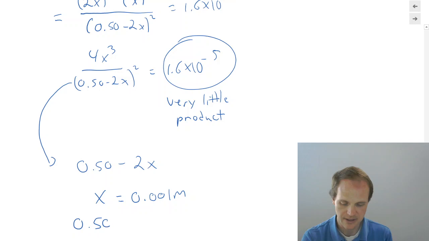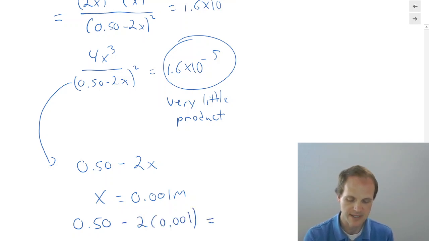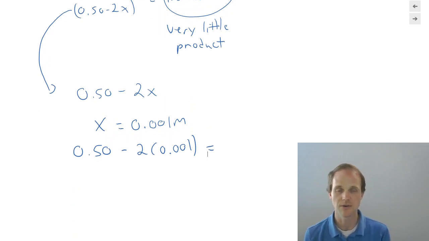Now, if we look at that, minus 2 times 0.001, what does that equal to? 0.5 minus 2 times 0.001. Well, if you look at it from a mathematical point of view, you're going to get 0.499, actually 0.498, sorry. But if you look at it from a significant figures point of view, we only have 2 digits after the decimal in that first number.